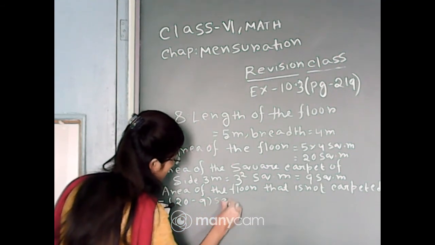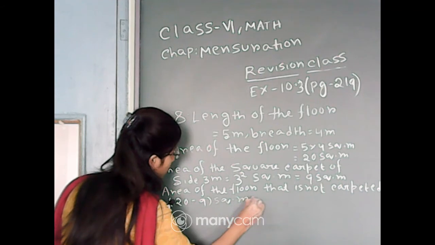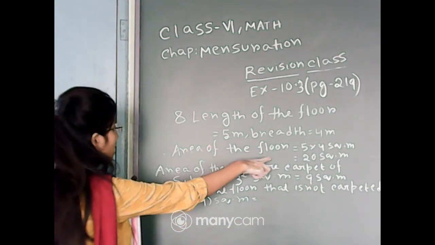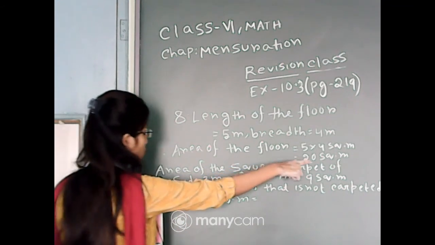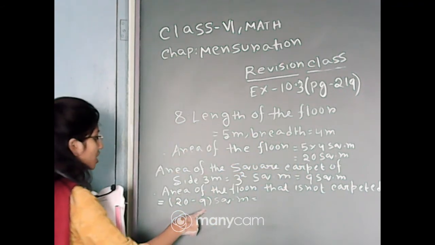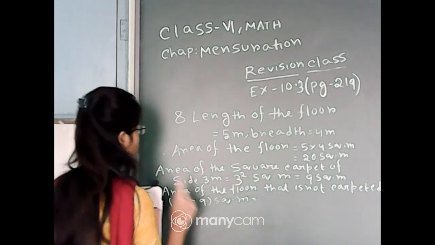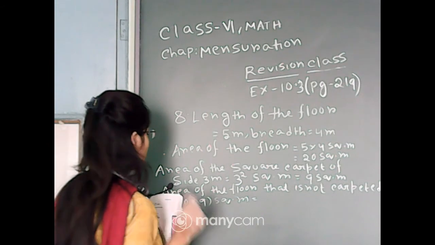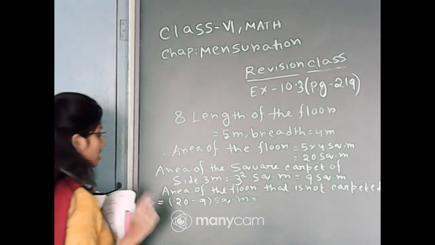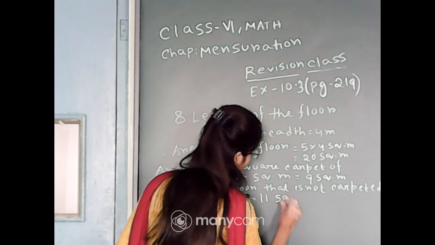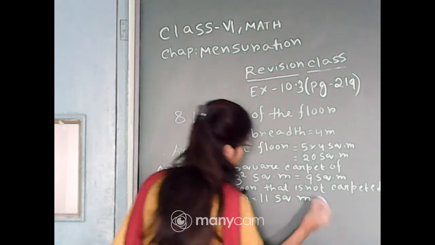Okay, total area of the floor minus carpeted area of the floor. Here total area of the floor is 20 square meter and carpeted area of the floor is 9 square meter. So, area of the floor that is not carpeted is equal to 20 minus 9 square meter, that is 11 square meter.